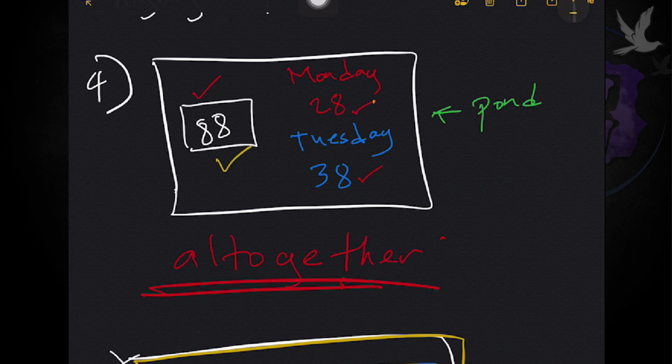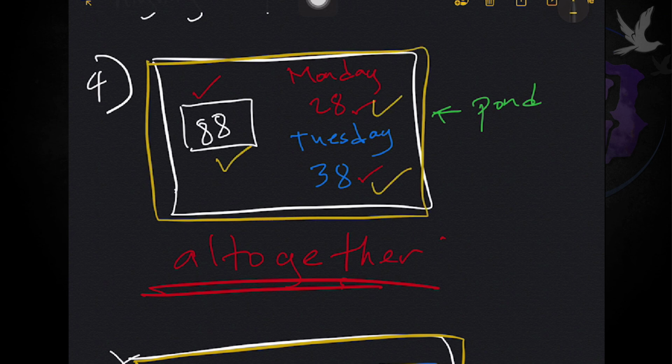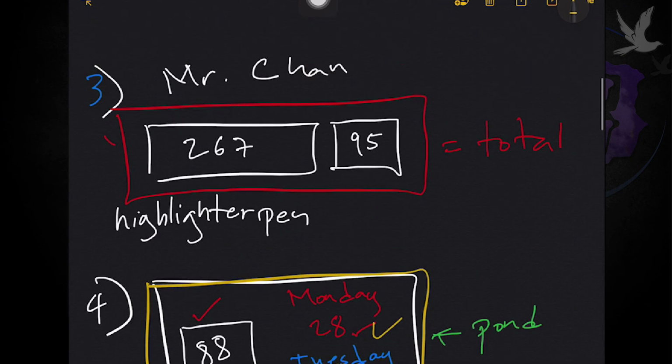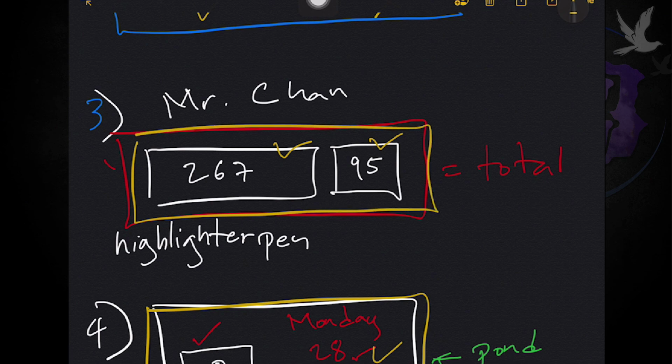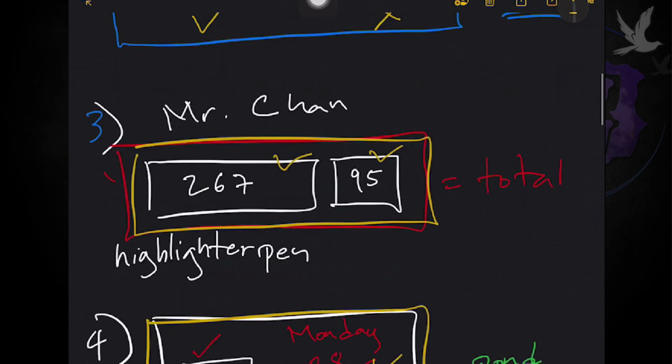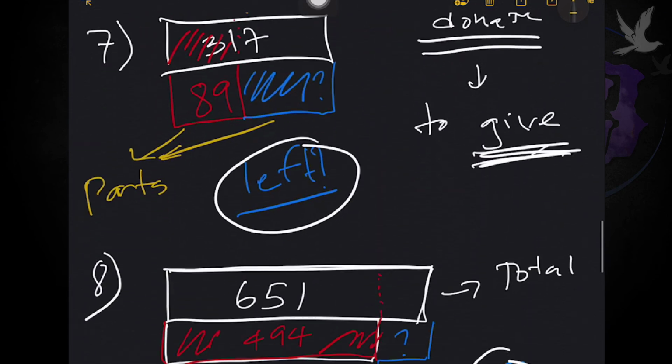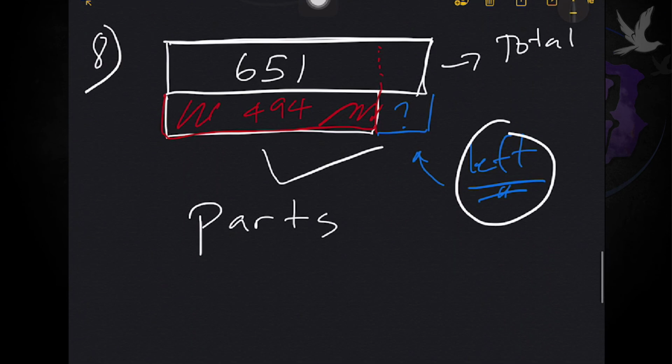Okay? So technically, by simply looking at the model, you'll be able to determine what operation you are supposed to do. Once you understand, it will be easier for you to solve.